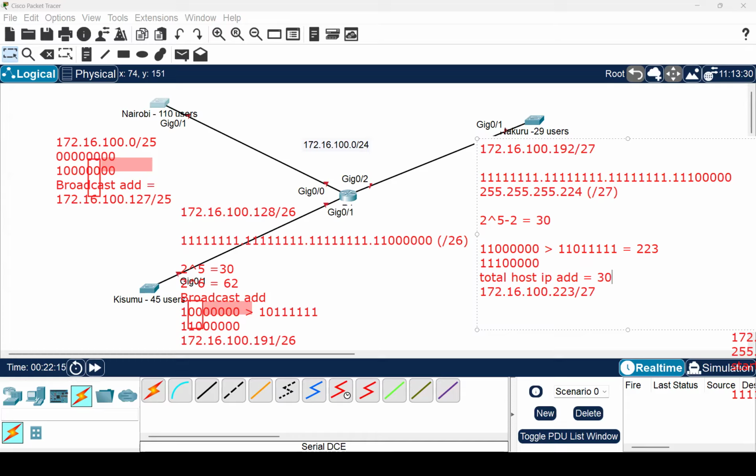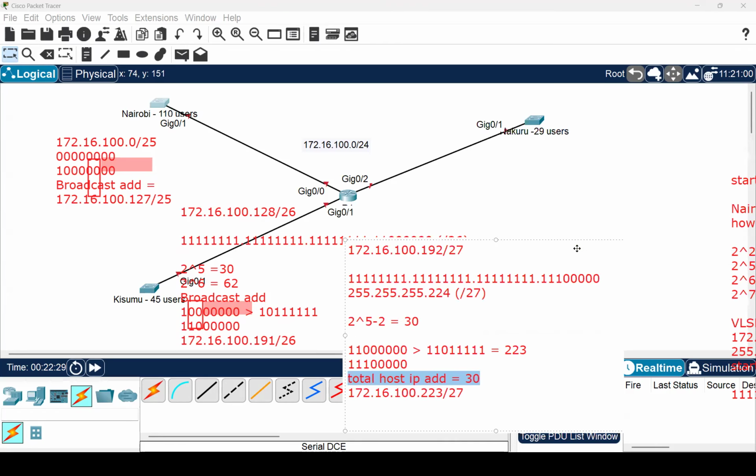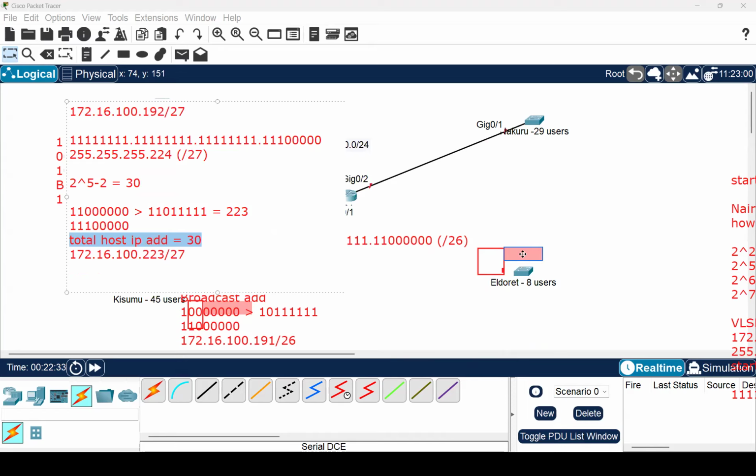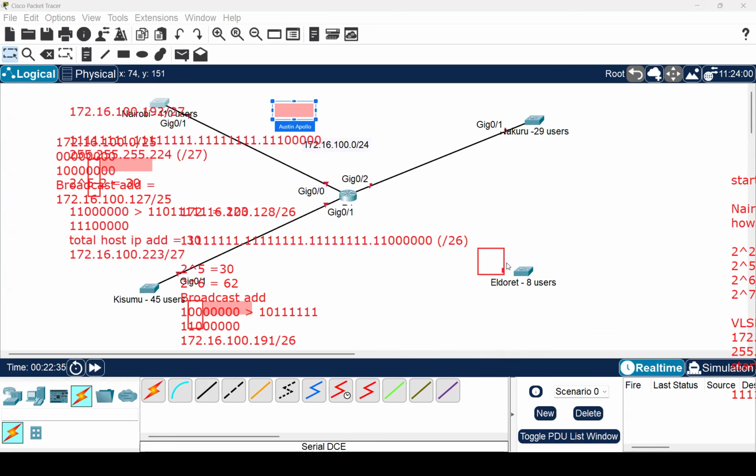The answer is 30. We did that across the other ones too, it's only that I didn't mention this is the total number of host addresses. Now we work out the last one, for Eldoret.